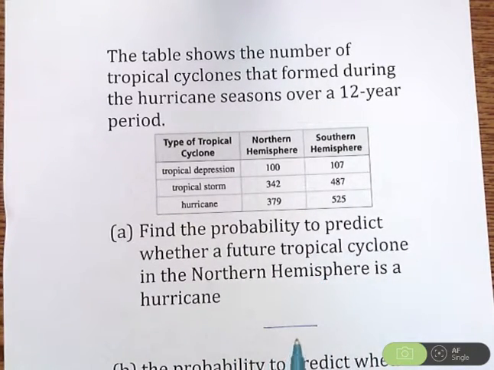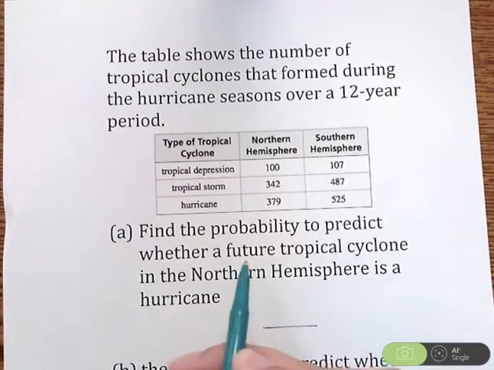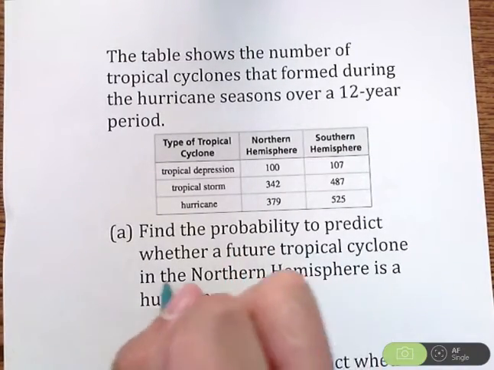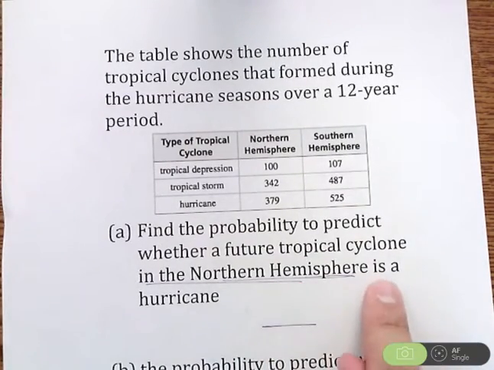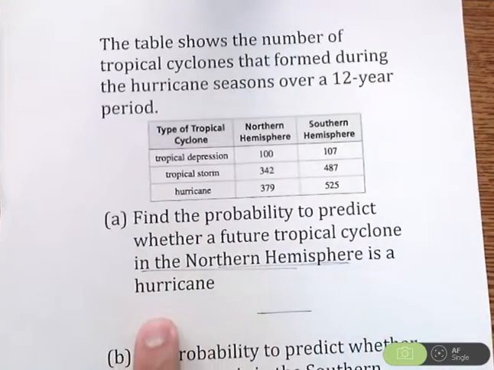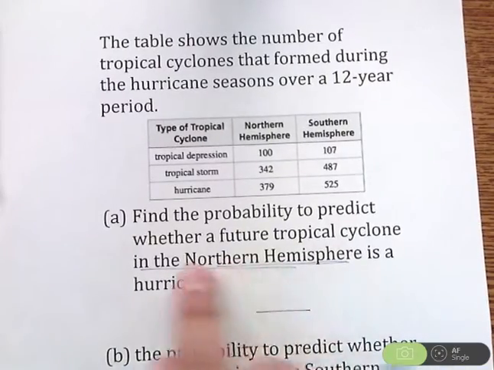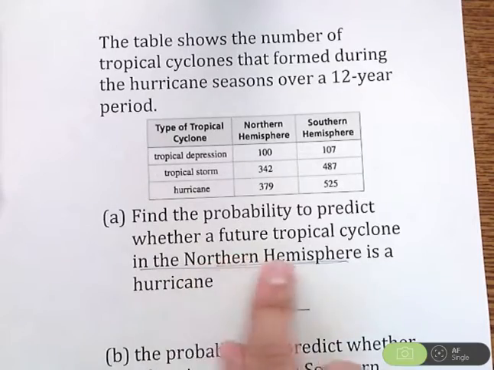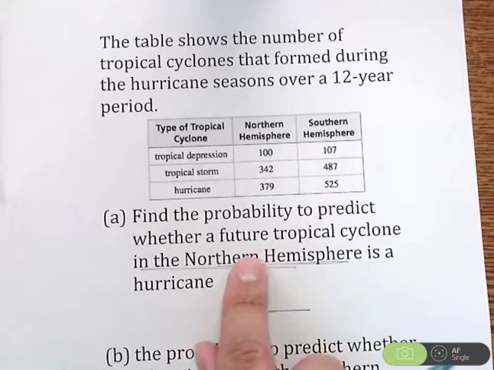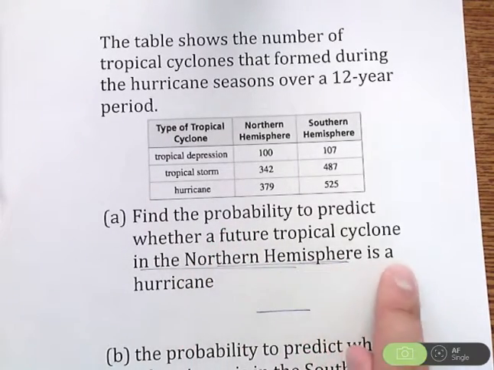It's kind of hard to read, but they're telling us to predict the probability that, given it's in the northern hemisphere, what's the probability it is a hurricane? See that? So we're looking at northern hemisphere tropical cyclones. What's the probability that it is a hurricane?